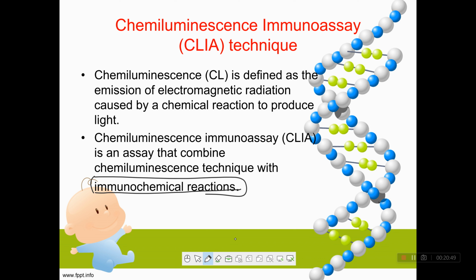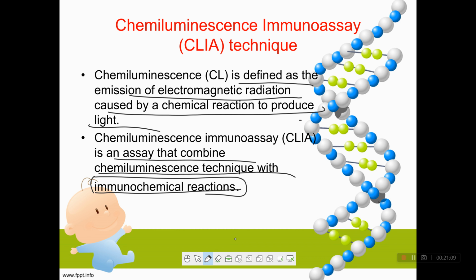So, chemiluminescence is defined as the emission of electromagnetic radiation caused by a chemical reaction to produce light. Chemiluminescence immunoassay is an assay that combines the chemiluminescence technique with an immunochemical reaction.